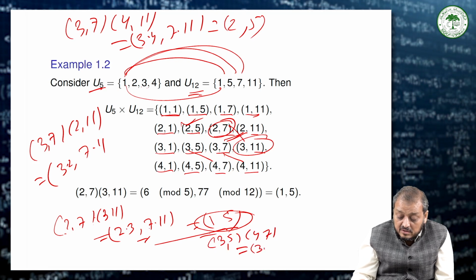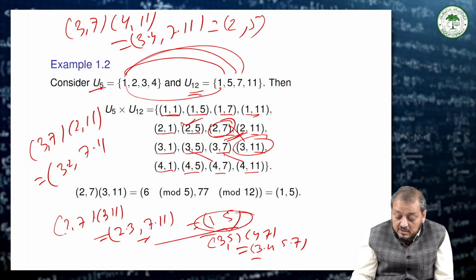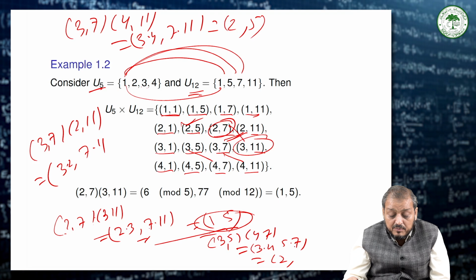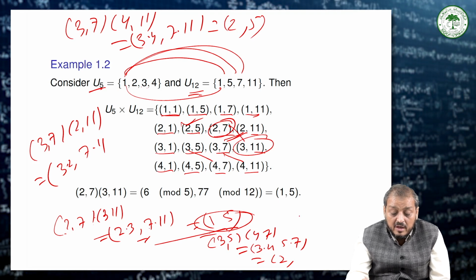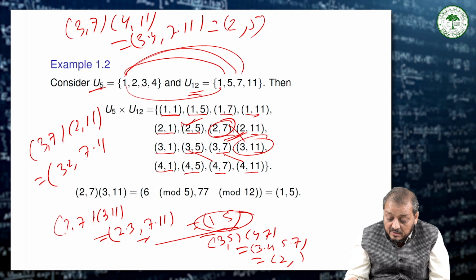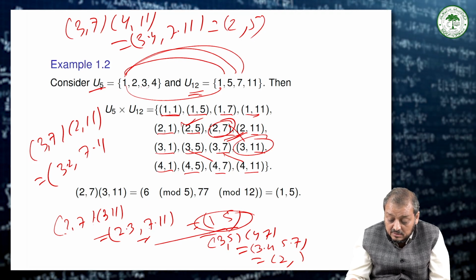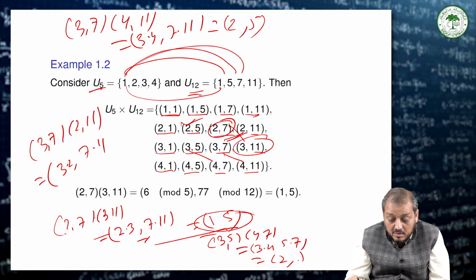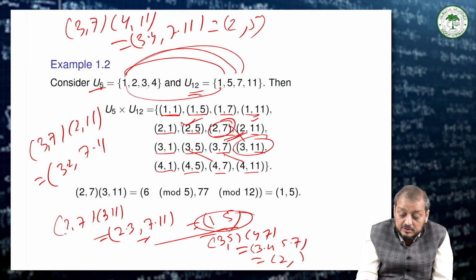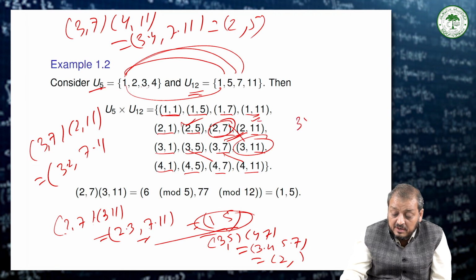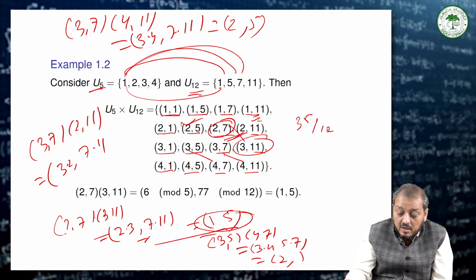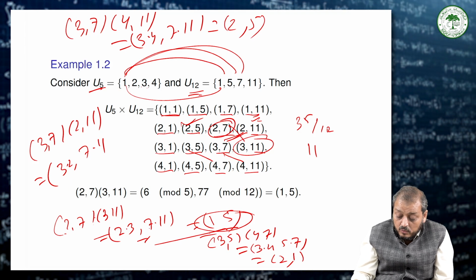In this case you take 3 into 4 and 5 into 7. 3 into 4 is 12, which is 2, and 5 into 7 is 35. 35 divided by 12, you calculate the remainder. 35 divided by 12 has remainder 11. So (2,11) is also here.